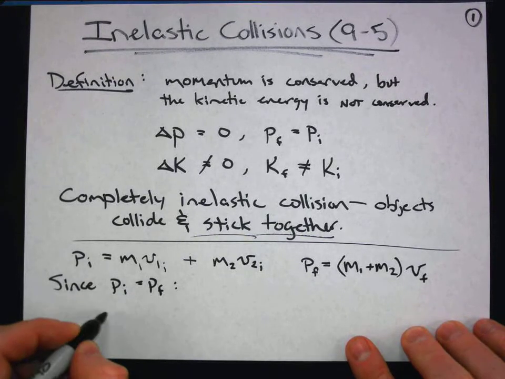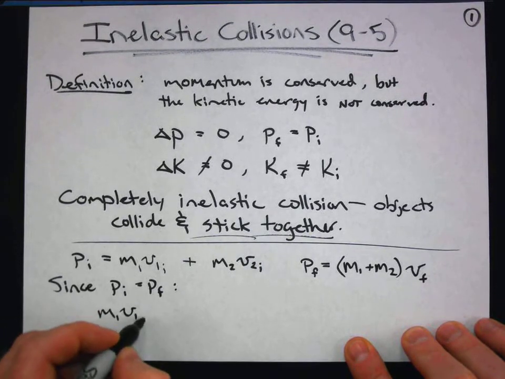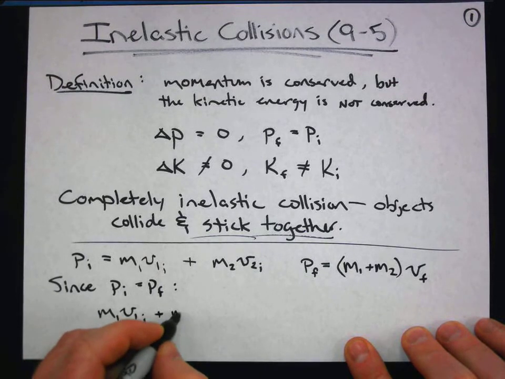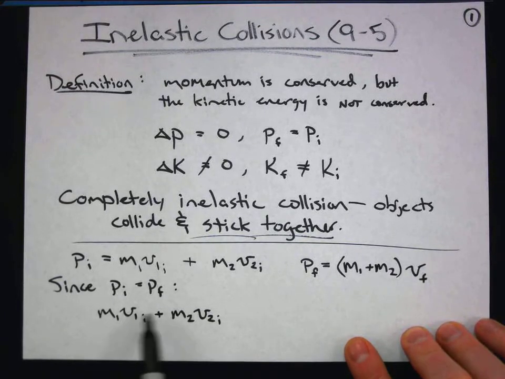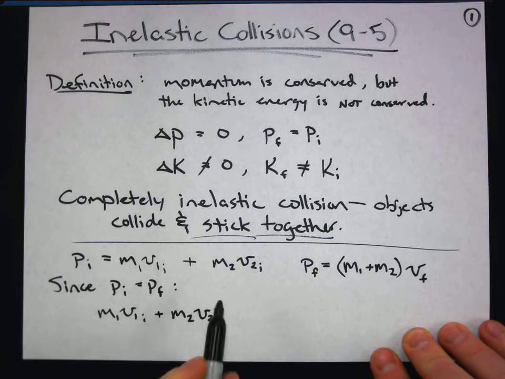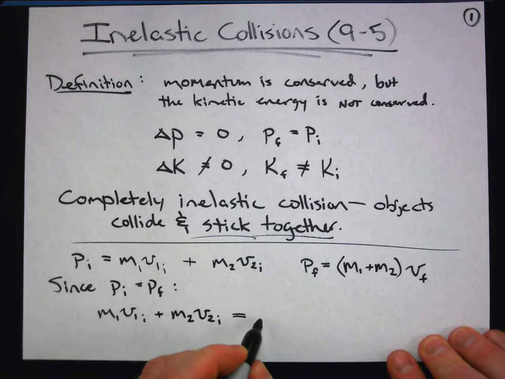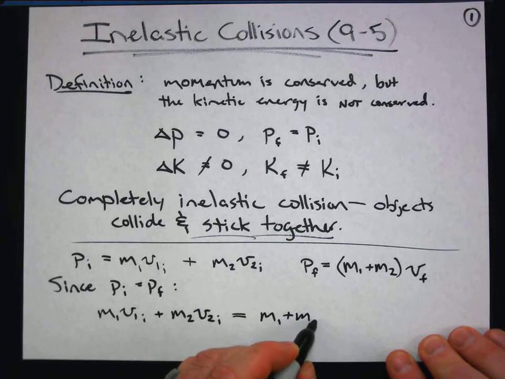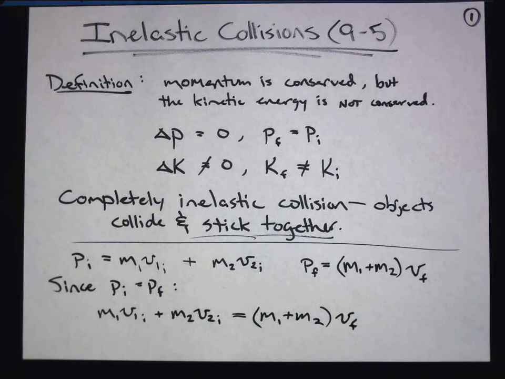We can see that m1 v1 initial plus m2 v2 initial, so in other words, I have the total initial combined momentum of the system, is going to be equal to the total final combined momentum of the system, m1 plus m2 times the final velocity of the combined objects. Now this is handy in that it's going to be convenient for us to rearrange this equation and isolate the final velocity of the system.